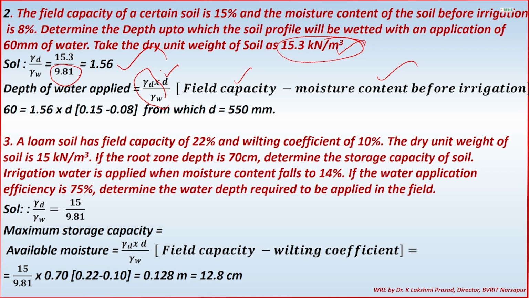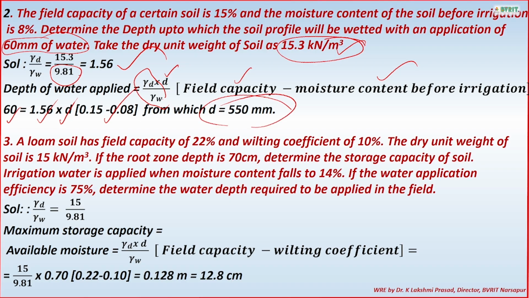So I got gamma D by gamma W, that I can substitute, and D basically. So what is the depth of soil? That I don't know. So that is what the question is actually. And field capacity is given, moisture content before irrigation also is given. So 60 is equal to dW, that is depth of water in the root zone, because 60 mm of water is applied, is equal to 1.6 D into 0.15 minus 0.08.